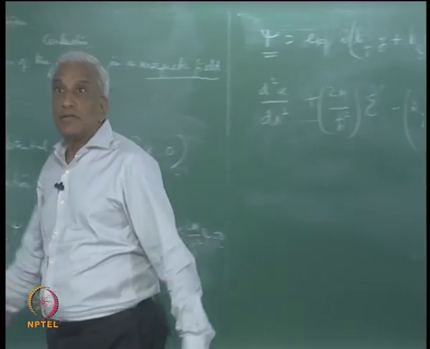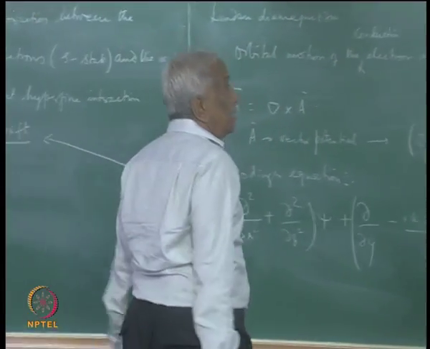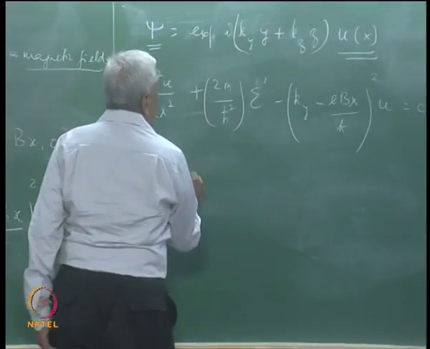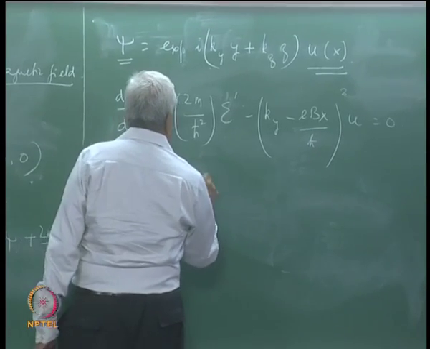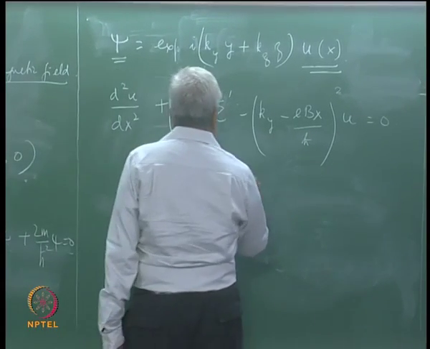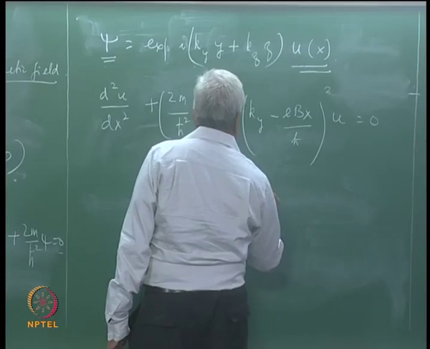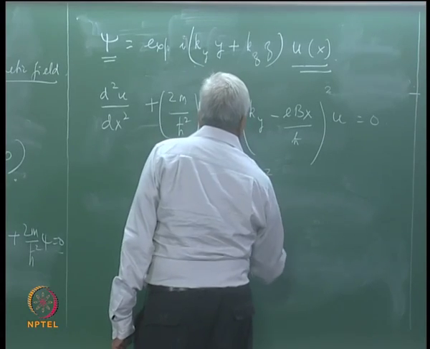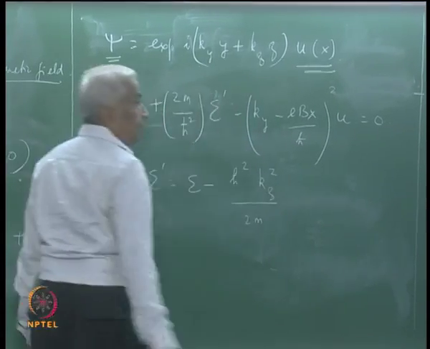That would be the equation satisfied by the function u, where E prime is E minus h cross square k z square by 2m.